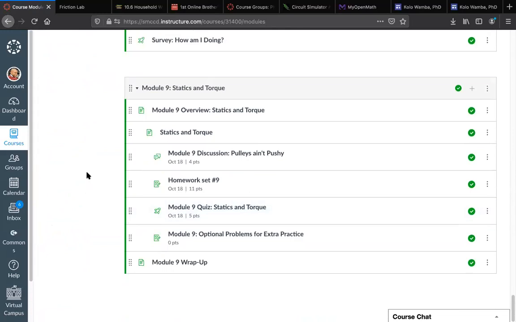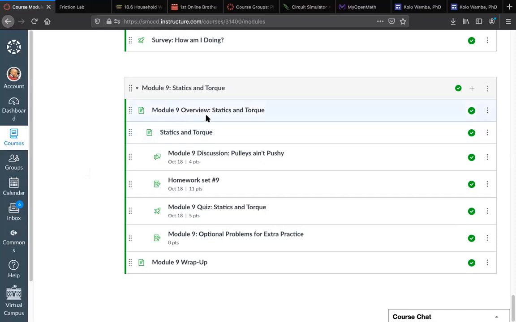So we're doing module 9, and this is statics and torque. So this is week 9. This means that actually we are a little bit more than halfway through the course. So well done. You made it this far. So this is very good.